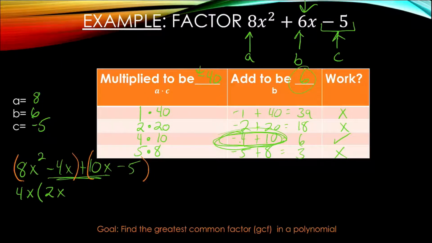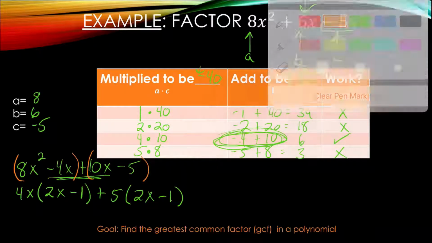Next, I can say, well, negative 4x divided by 4x just gives me a negative 1. Plus, my greatest common factor of this second grouping would be a 5. So 10x divided by 5 is 2x. Negative 5 divided by 5 gives me a negative 1.